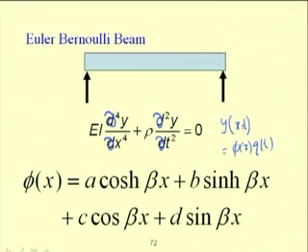One can find a general expression for the mode shape as phi x equal to a cos hyperbolic beta x plus b sin hyperbolic beta x plus c cos beta x plus d sin beta x. By using different boundary conditions, one can find the actual response of the system.